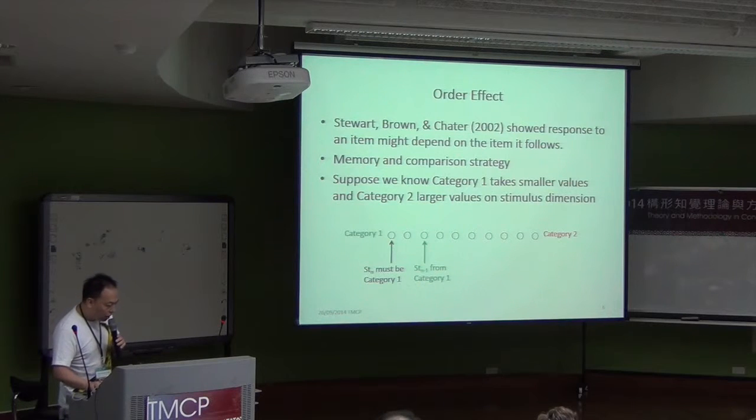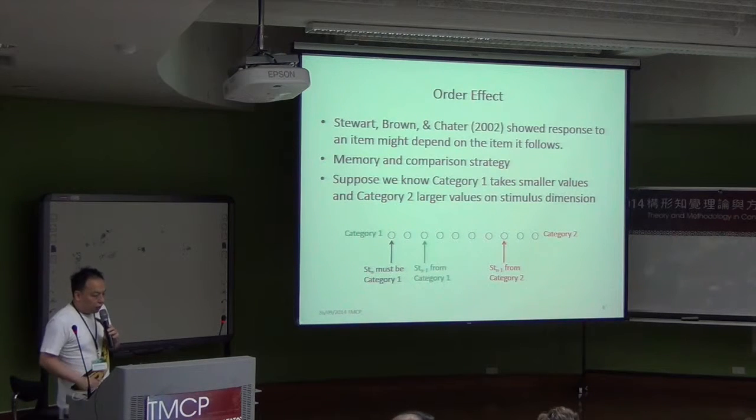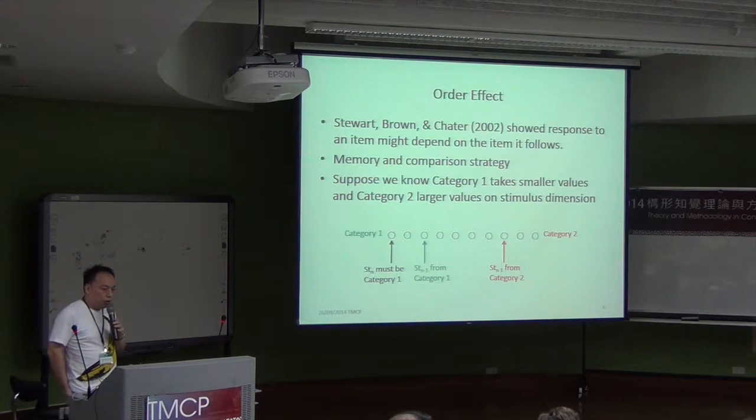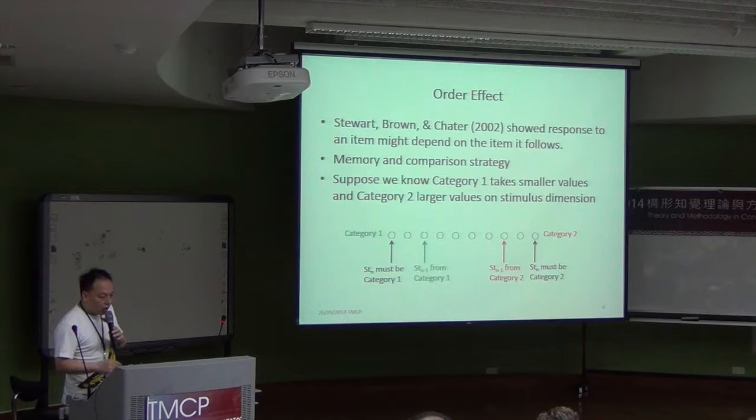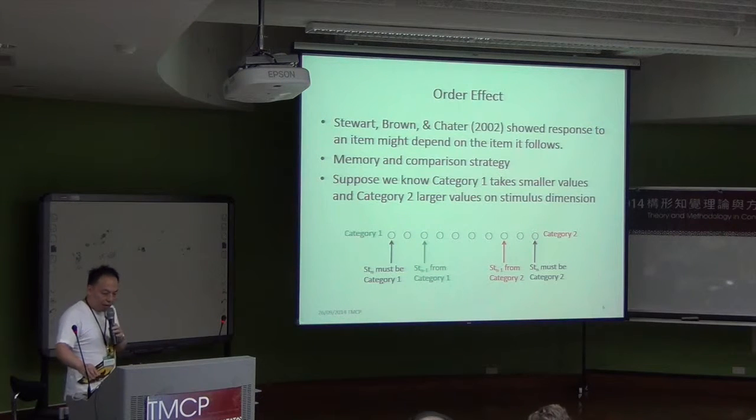So this is a kind of heuristic strategy. Also, for example, if you get an item on trial n-1 here, and you know that it is a category 2 example, and then you get another one there, you say, okay, this time it must be category 2 because it is even larger than a large one.